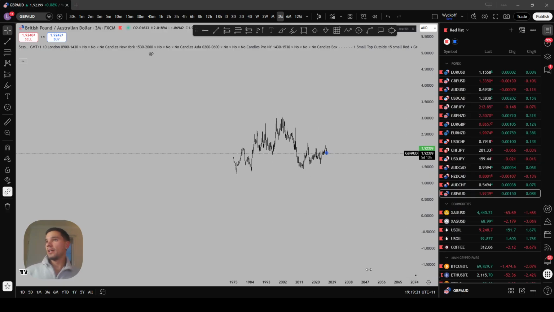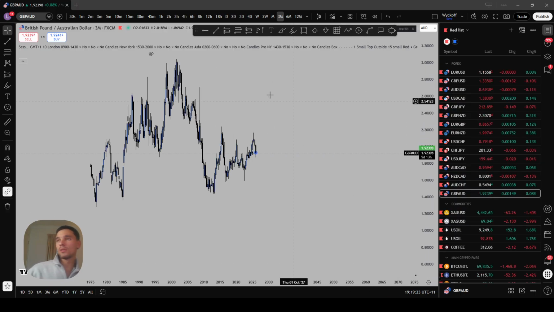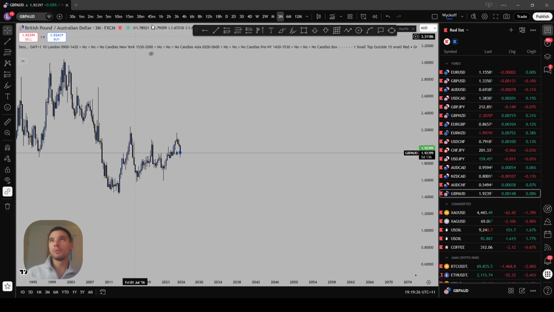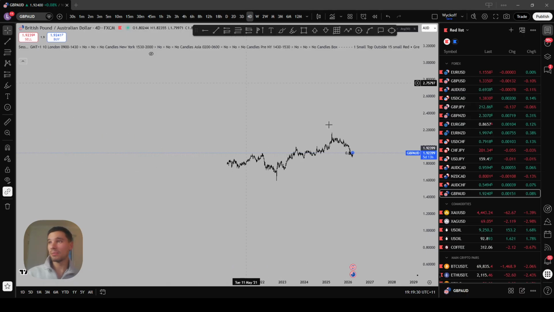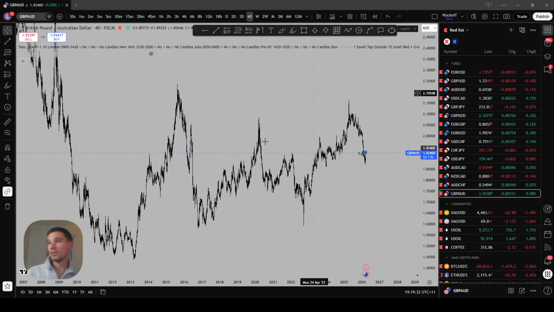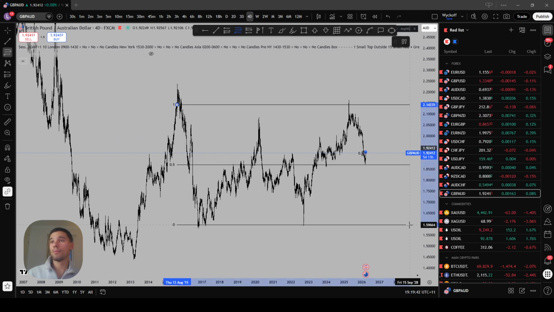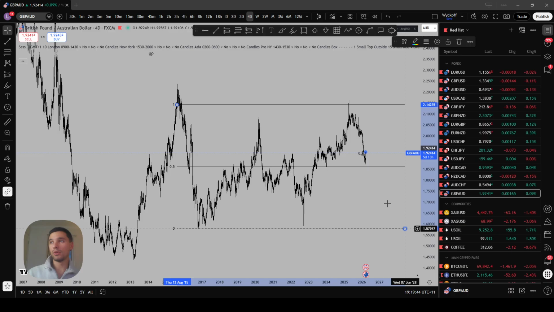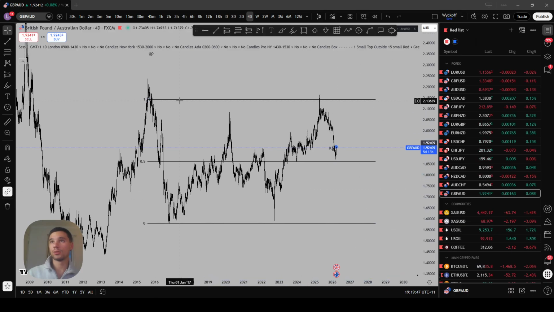For this pair, we are in somewhat of a ranging environment, so all that means is we can expect ranging price action. For the time being, this is pretty much our range. As you can see, we are close to the EQ.